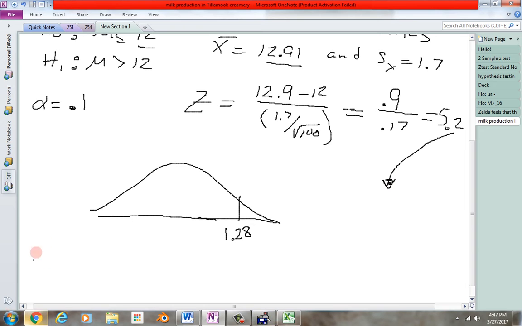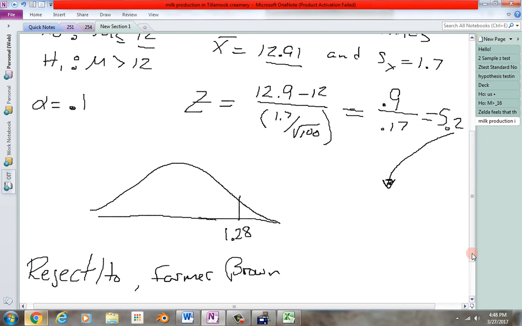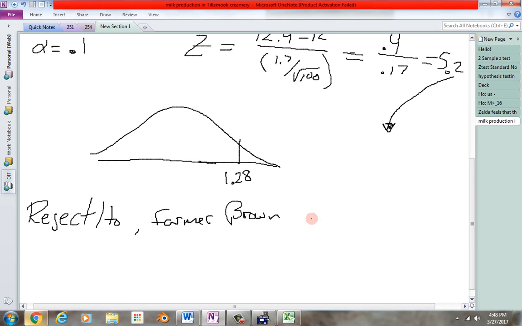You're going to reject H naught, and by rejecting H naught, what are you saying? That Farmer Brown was correct, right? Farmer Brown is right. This is one way to say it. Now, whether you attribute that to Farmer Brown or not, that's neither here nor there. But here's the deal. Reject H naught, that's important. Farmer Brown is right. That's nice, but not 100% necessary.